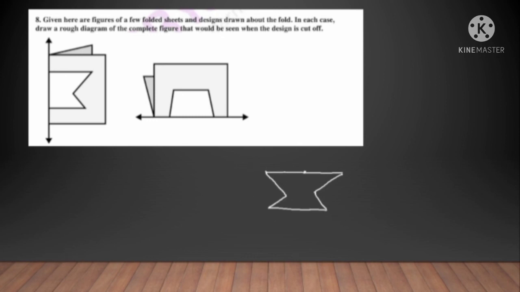So this is the answer, and definitely it has one line of symmetry. So this is the line of symmetry. If you just fold it, you will definitely get the same shape.